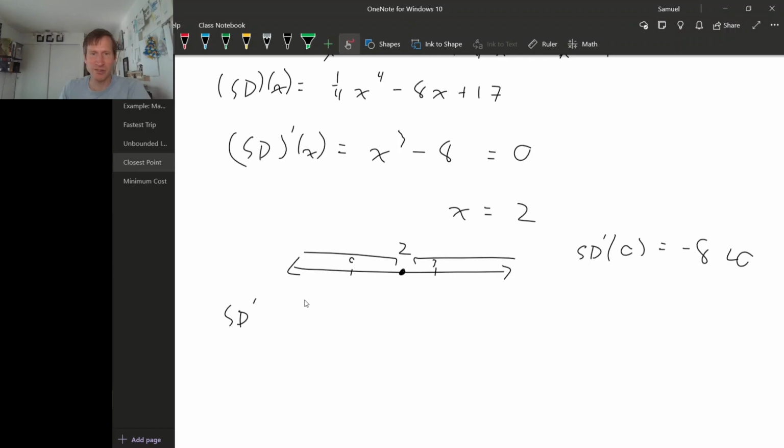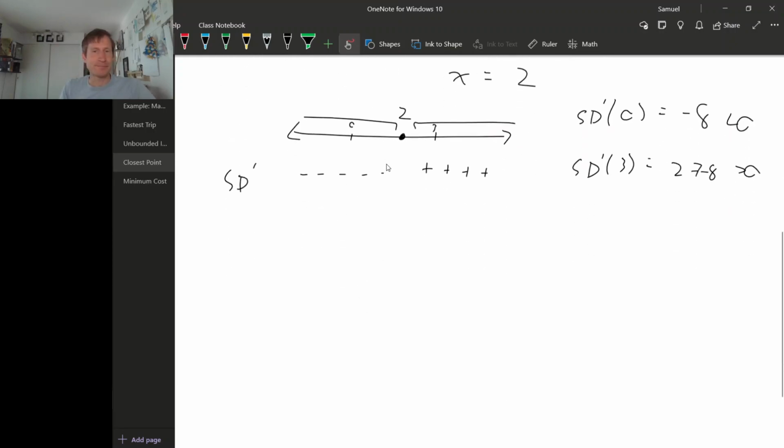That's negative. So the first derivative is negative here. And how about we plug in 3? So 3 cubed is 27, minus 8. That's positive. So positive here. All right, so now we can see that the square distance function decreases up to our critical point where it has a local minimum by the first derivative test, and then it increases from there, and so x equals 2 is an absolute minimum.